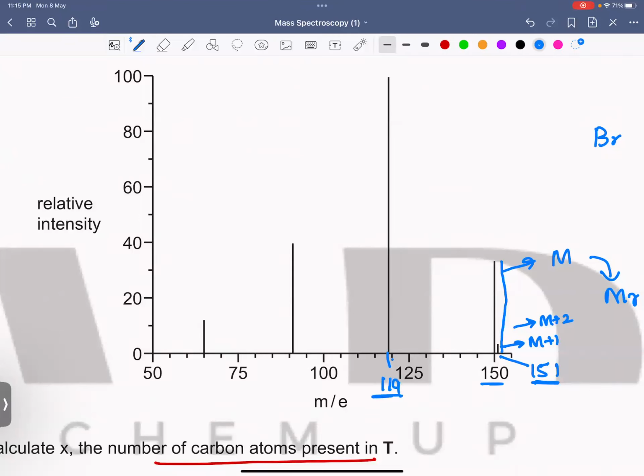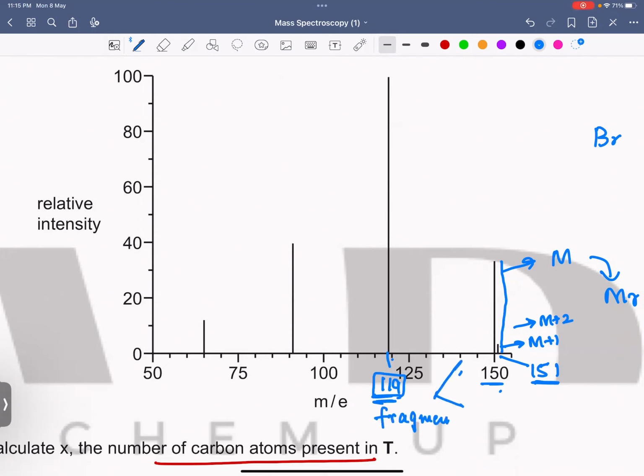So see, its value is suggesting that it is smaller than this one, which means it is a fragment. It is not the whole molecule. And it is suggesting that these are the whole molecules. Okay.